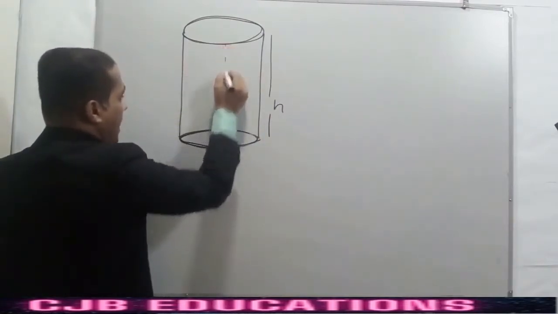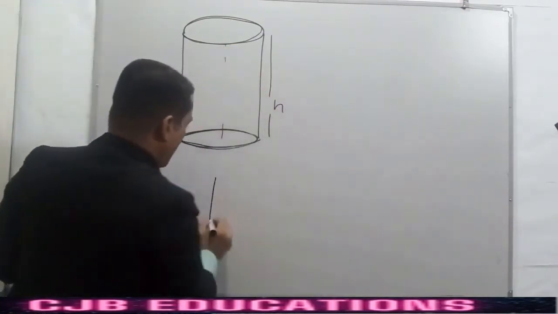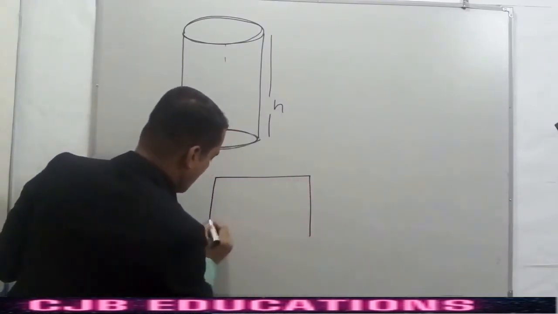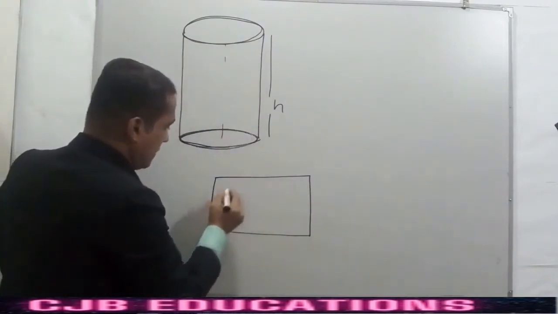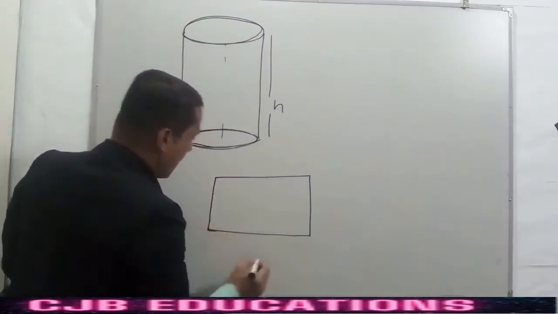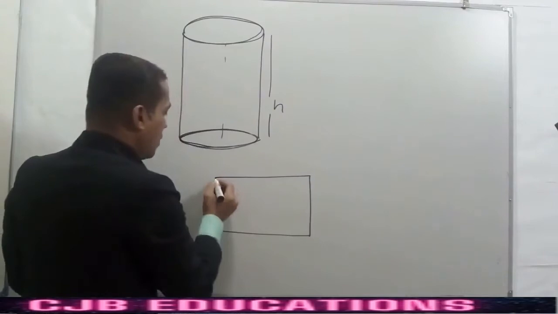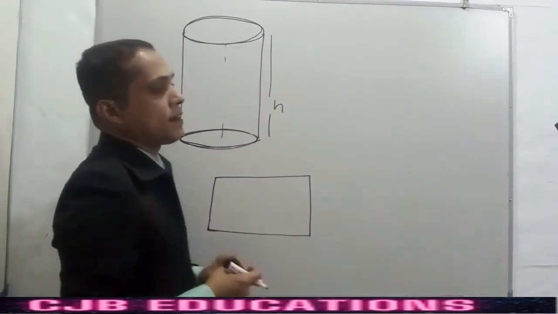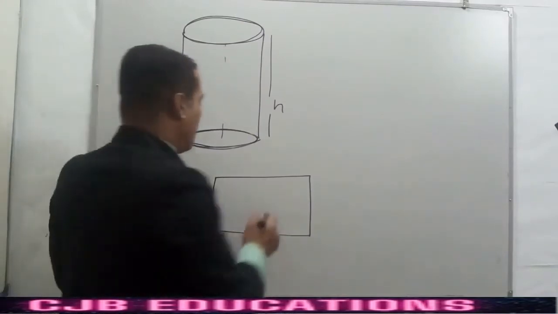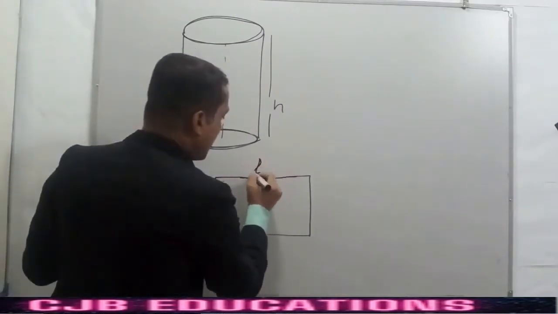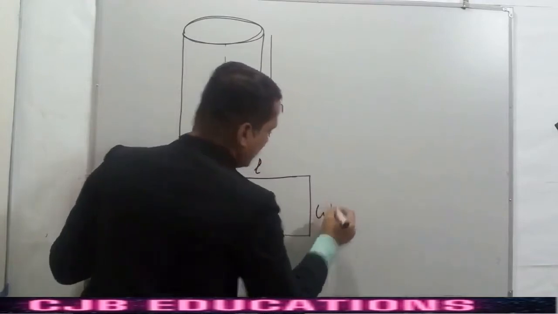We can split it here and get this surface from this covered area. This is the rectangular shape. Then we know the rectangular surface area is length multiplying by width.